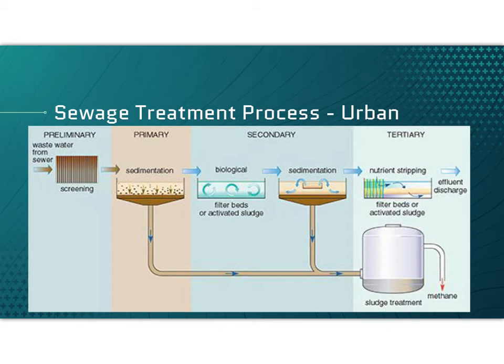Here's a picture of it. In our primary, we are screening and allowing settling, and we collect that settling. In a secondary, we are allowing microorganisms to decompose any more organic waste, filtering those out and collecting them, which, again, could be used for fertilizer.